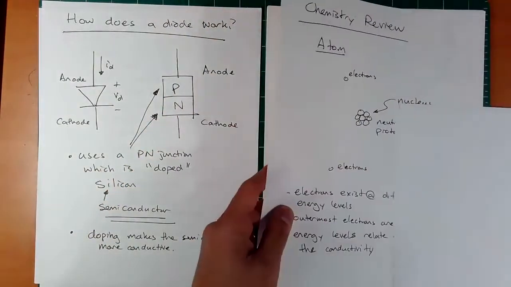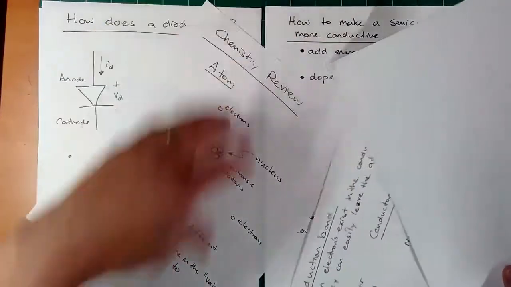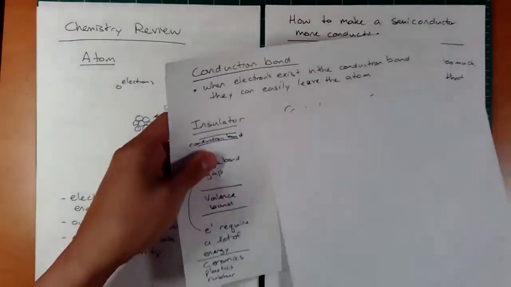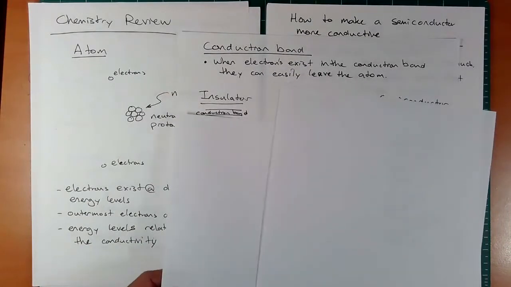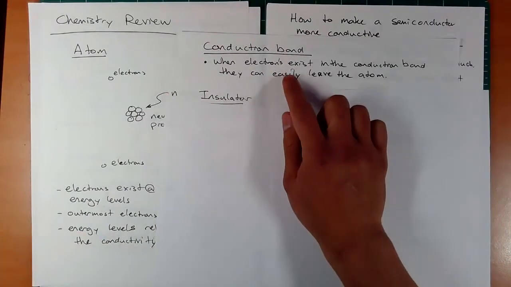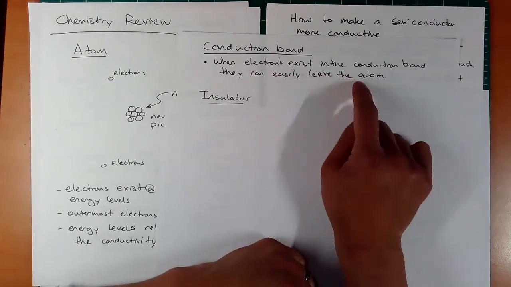All right, so let's look at three different scenarios: an insulator, a conductor, and a semiconductor. We want to talk first about the conduction band. The conduction band is a band where, if electrons exist there, they can easily leave the atom.